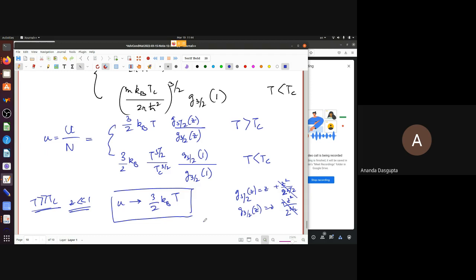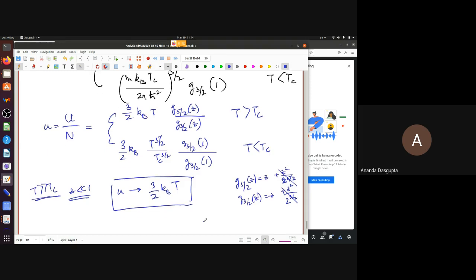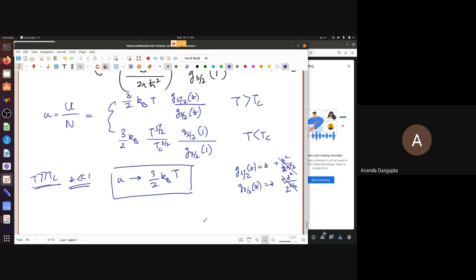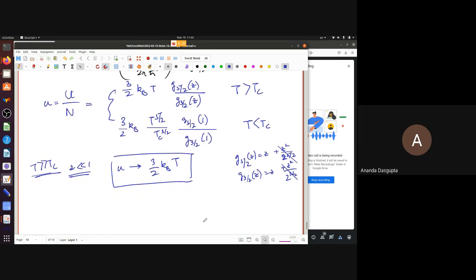Simply because under these conditions, when temperature is very, very high, the de Broglie wavelength of the particles is so small that we can simply ignore the quantum behavior or indistinguishability of the particles. Classical mechanics will work fine because the particle clouds are so tiny that you can easily distinguish each particle from each other simply by noting where they are. The clouds do spread the particles out, but not enough for us to miss out on which particle is which, which is why the classical result comes back. Okay, when T is much, much bigger than TC.